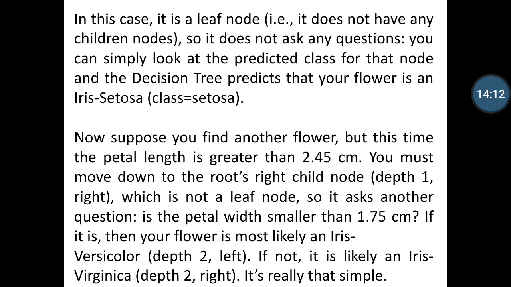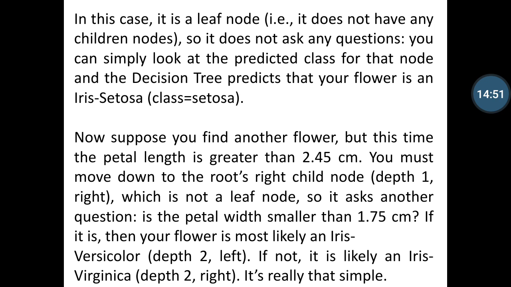In this case it is a leaf node, meaning it does not have any child nodes, so it does not ask any question. You can simply look at the predicted class for the node, and the decision tree predicts that your flower is an iris setosa, class setosa. As per our previous slide, you can notice that if the condition is true, the following values are there in this slide.